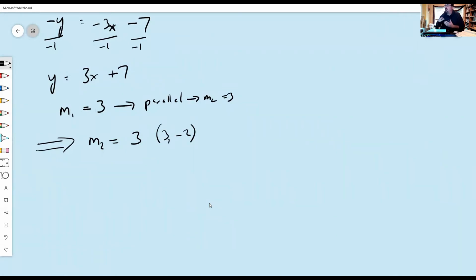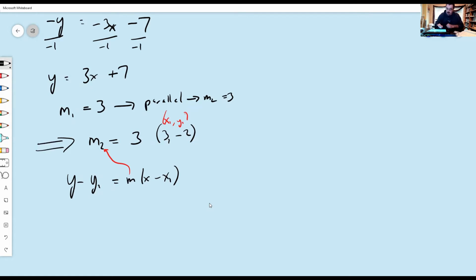Again, I mentioned a minute ago, to find equations of lines you usually use the point-slope form, y minus y1 equals m times x minus x1. That's going to be m, and then the point is going to be x1, y1. So we're just going to plug everything in.